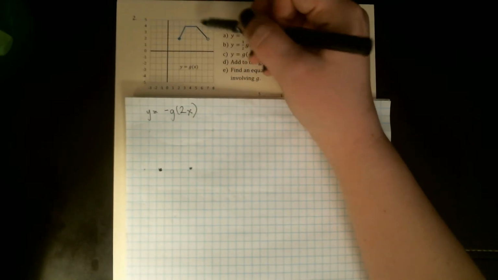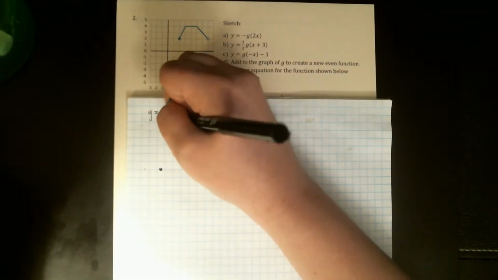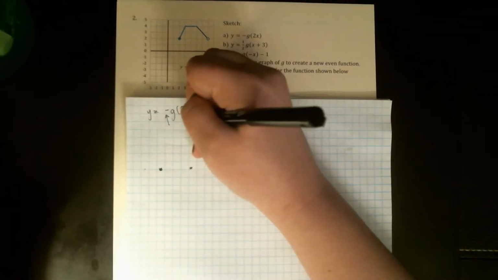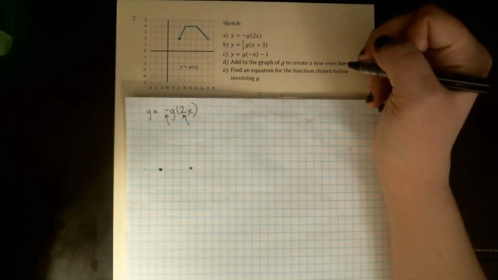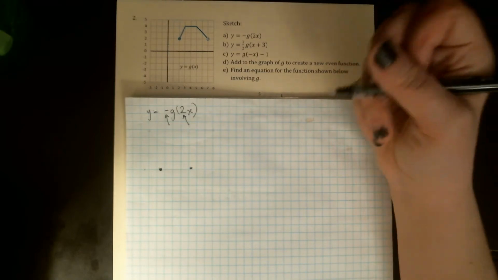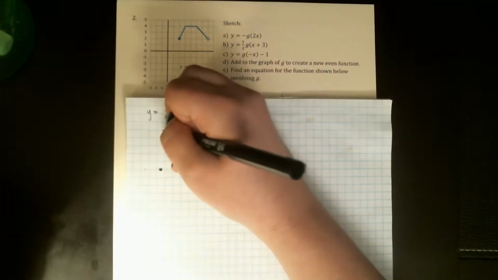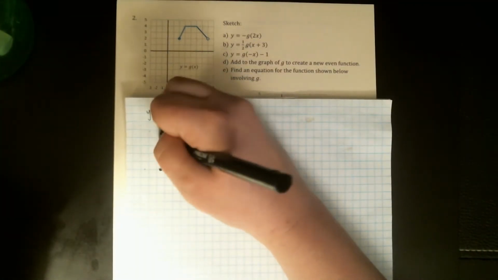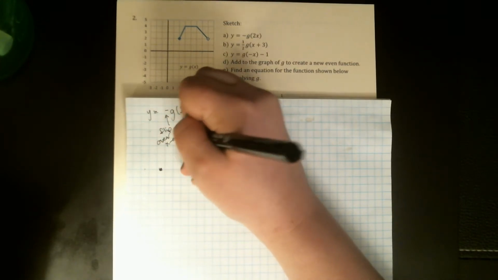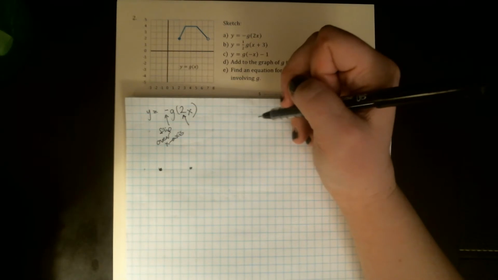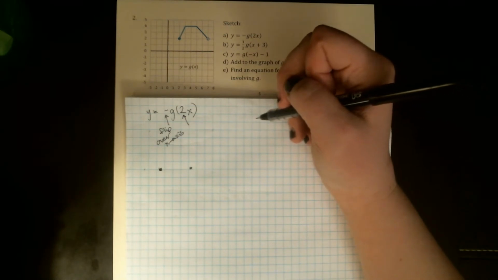Okay, so function g is this one. I would like to apply a negative here to here. The negative outside the function will affect your y values. So it'll flip your y's, which means it's a flip over the x-axis. The 2 is affecting your x's, so it's going to do that whole opposite thing.